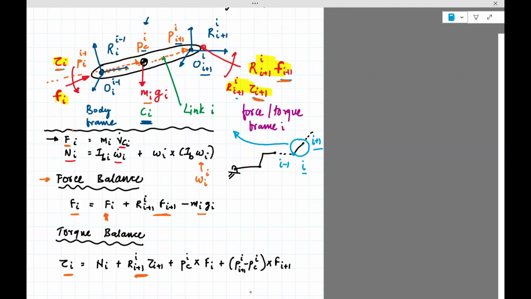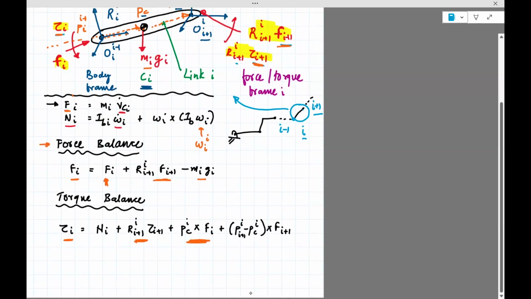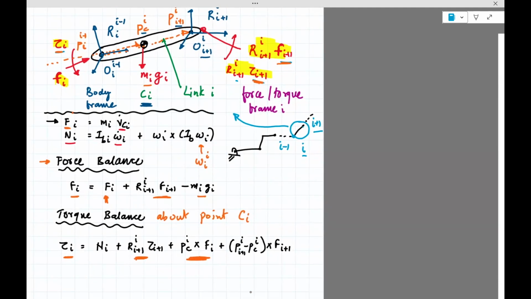Then there's a contribution due to P cross F. This torque balance is written about point Ci. How do you do torque balance? You obviously have to do it about a certain point. Here we chose the point to be Ci, the center of mass.